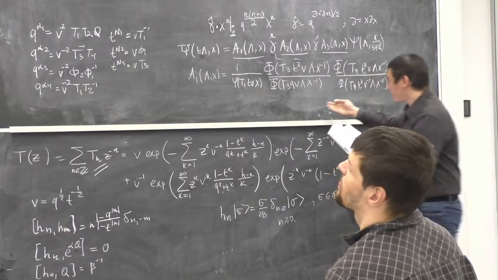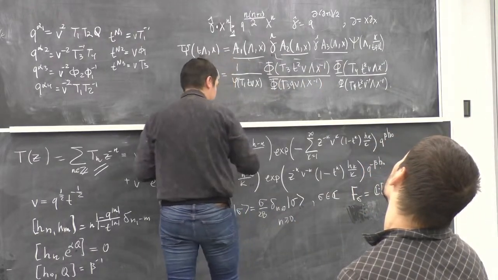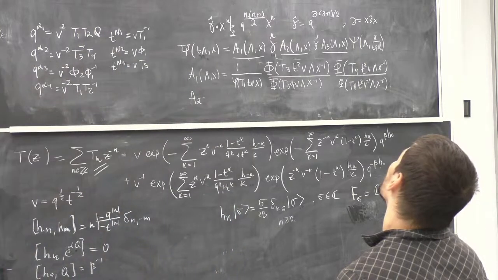And then there are similar formulas for phi. And who is phi? Big phi is another relative of this function. Big or phi small? Yes.